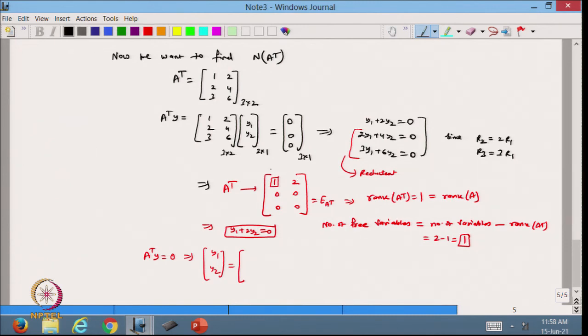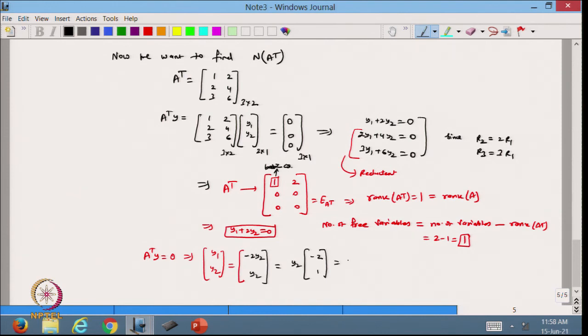So, this is my basic column and this is the non basic column. From here I can write y1 in terms of the non basic variable y2. So, I can write y1 as minus 2y2, and y2 is always there, and that I can write as y2 times minus 2 1.